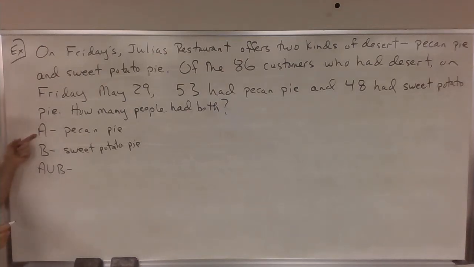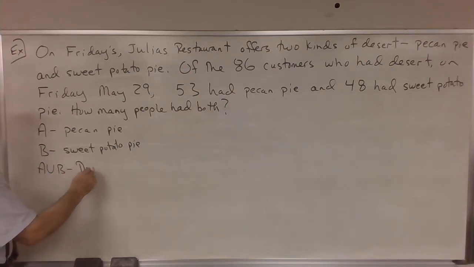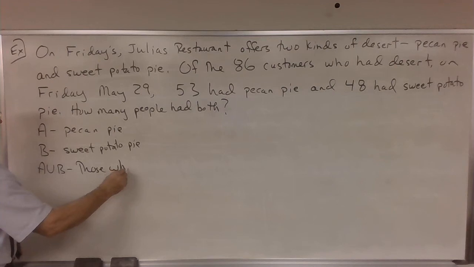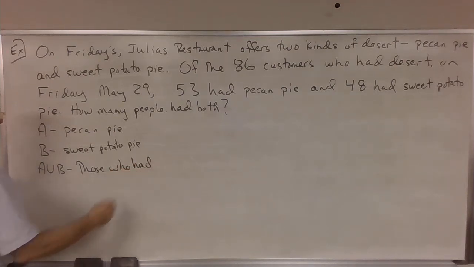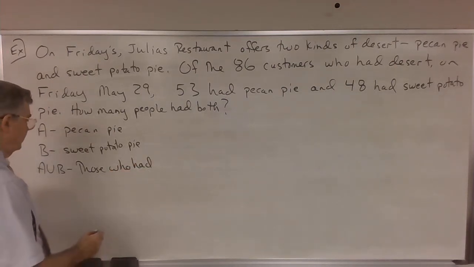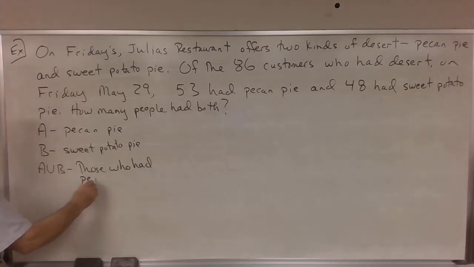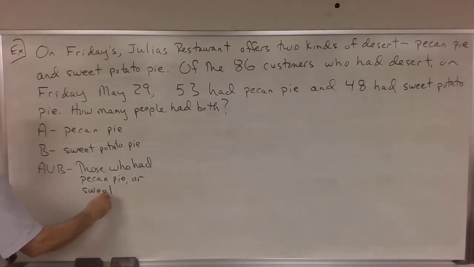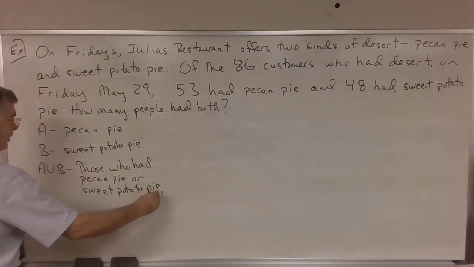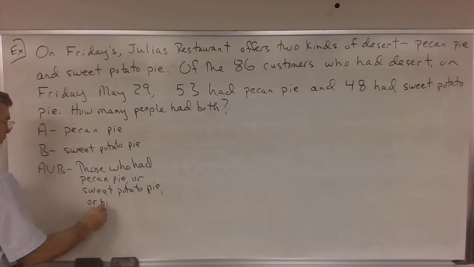That's all the people in set A and all the people in set B. So this is those who had pecan pie or sweet potato pie. Or both.